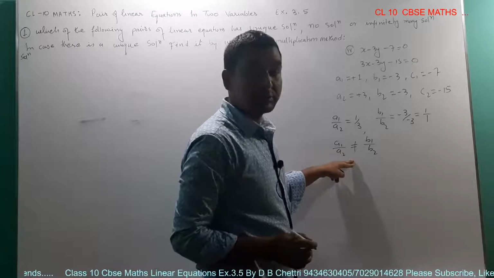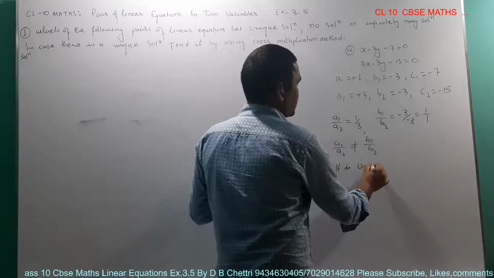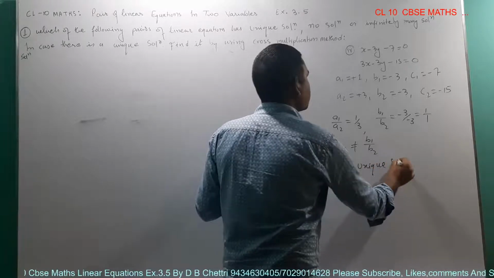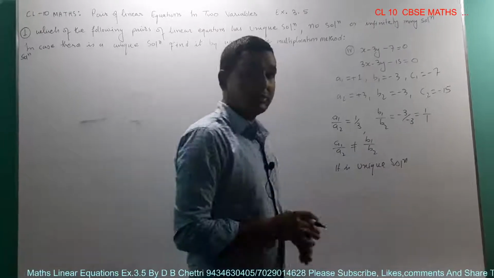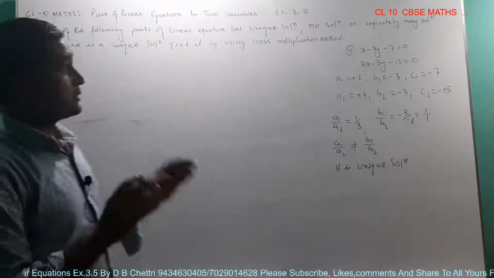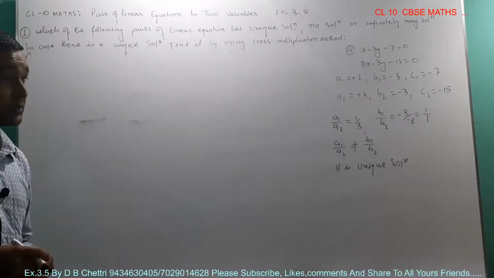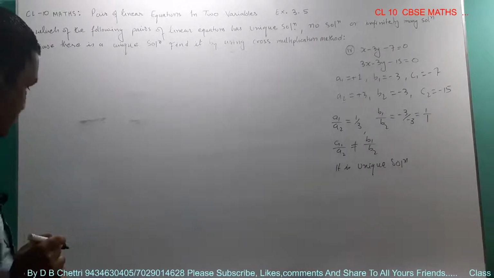What kind of equation is this one? It has a unique solution. If the equation has a unique solution, the question asks to solve it. Okay, let's solve this question. Now I am going to solve this question by the shortcut method. I will show you how to solve the question by the shortcut method. Now look at here.